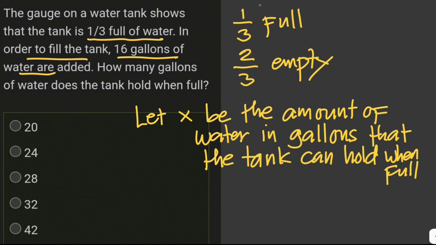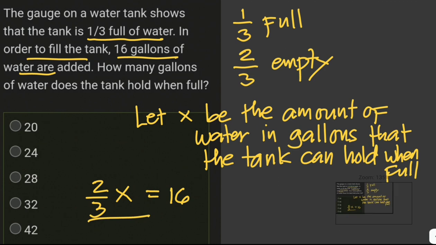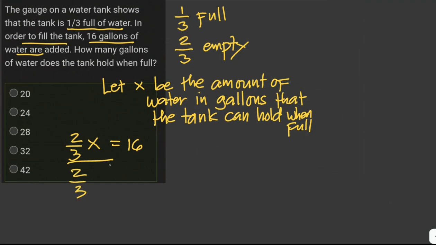The tank is already 1/3 full, so you need 2/3 of it to be filled with water. So 2/3 of the total amount of water that the tank can hold, so 2/3 of X, is equal to 16 gallons. And now we can solve for the amount of water in gallons that the tank can hold when full. So we just have to divide both sides by 2/3.